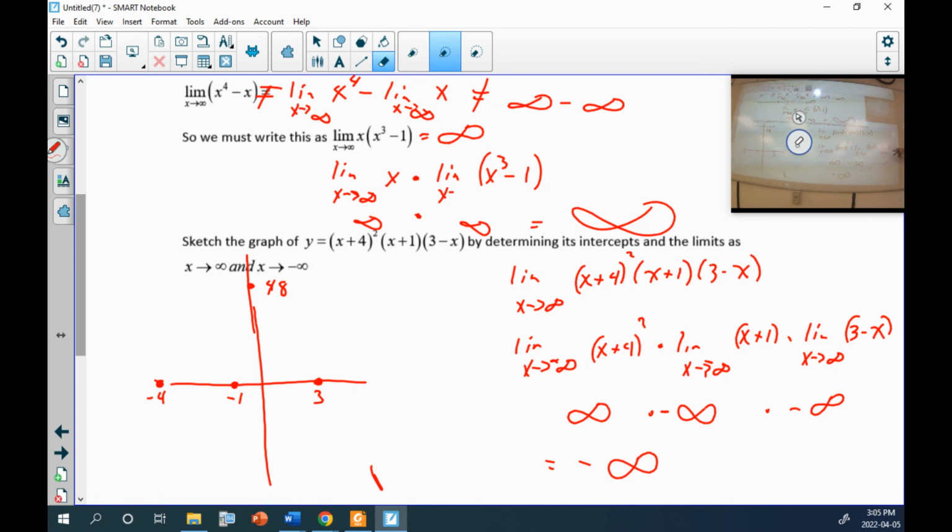I plug in a negative infinity here. What do I get? 3 minus a negative number, so I end up with a positive. So now I have positive, negative, positive. Sorry, positive, negative, negative. What do I end up with? I still have a negative infinity.